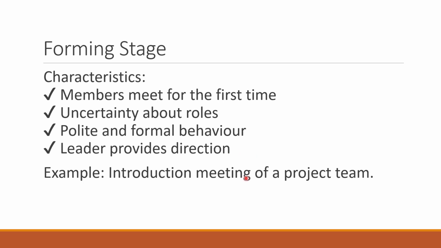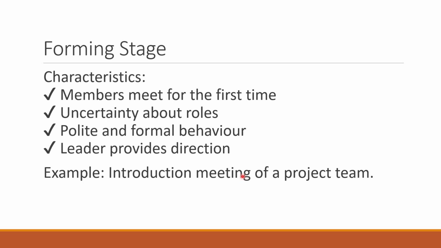The key behaviors that can be seen in this stage are that members try to understand the purpose of the group. Also, people depend on the leader for direction, and communication is very cautious here. Let's take an example and understand it. In a corporate environment, when a new team is created for a marketing campaign, the employees meet, introduce themselves, and then try to understand the project.